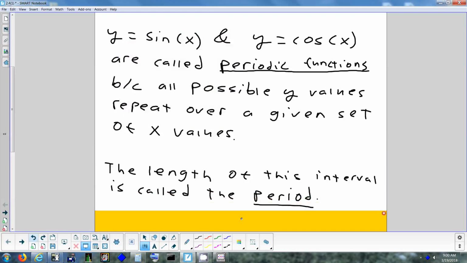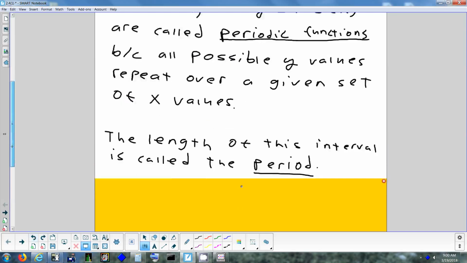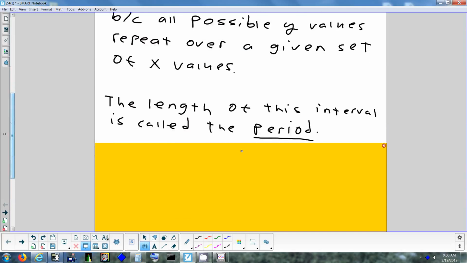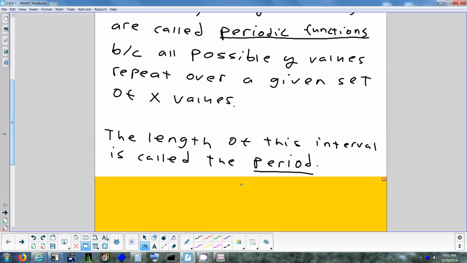For our graphs, we call that length the period. So the period is the x values that you have to move through before you get one full cycle. After one full cycle, things are just going to repeat.